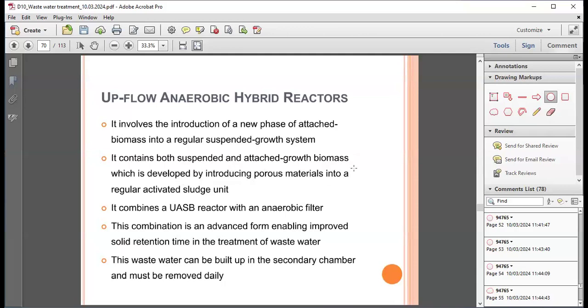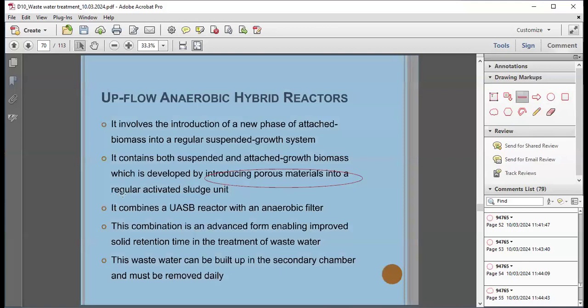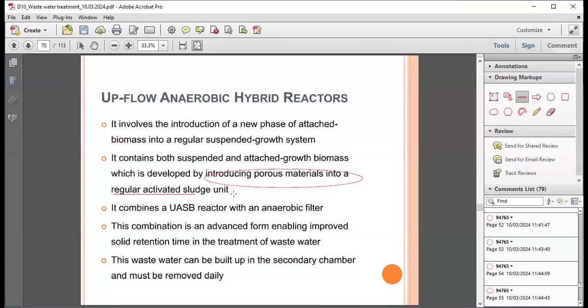You can understand this, introducing porous material into the regular activated sludge unit. So you remember, what's the meaning of sludge? Sludge is produced in the sewage water.